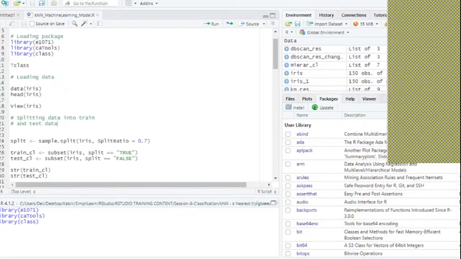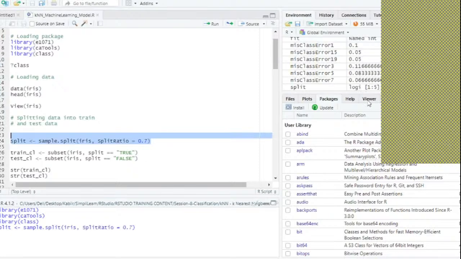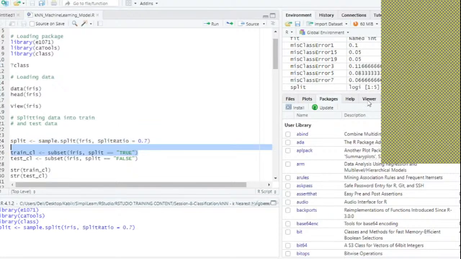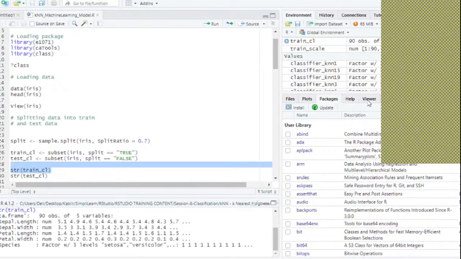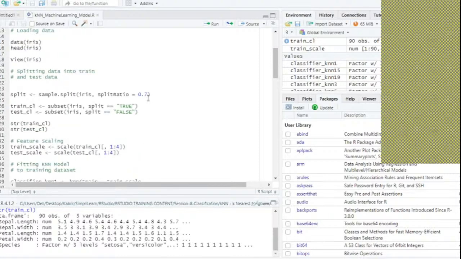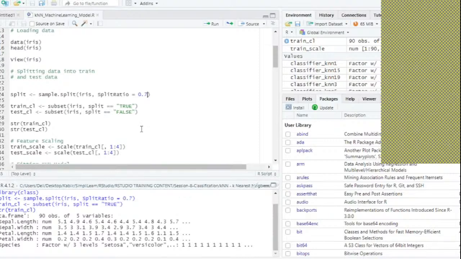What you're saying is 70%, but the train data, let me just check. Is the training data having 90? Why would it have 90? 90 observations are coming. That's a good observation.